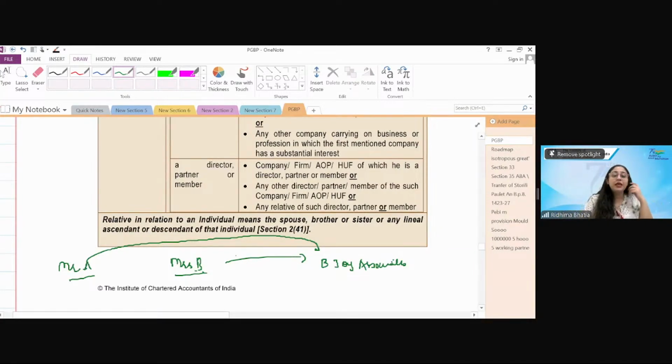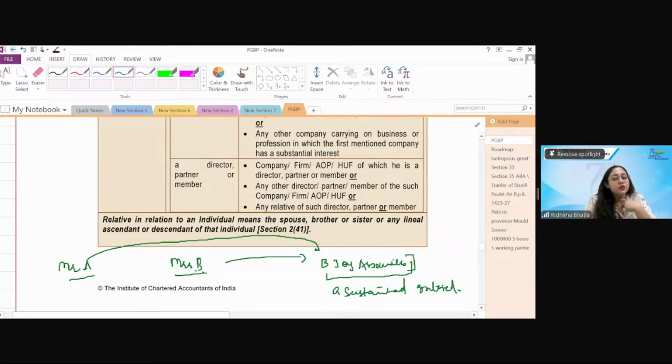But at the same time, if either the individual or the relatives or them combined have in any concern a substantial interest, that concern also will become an associate for section 40A subsection 2.